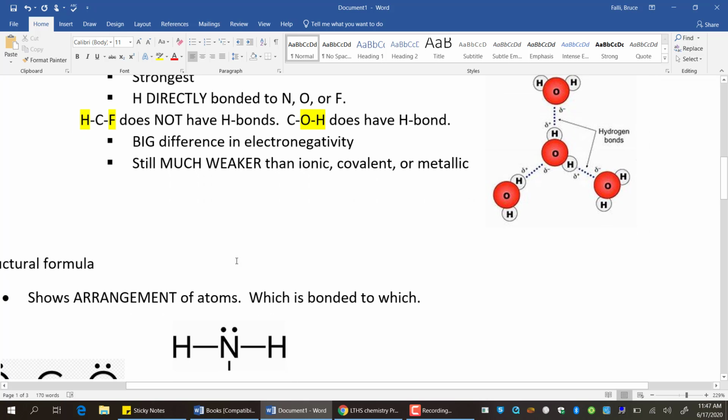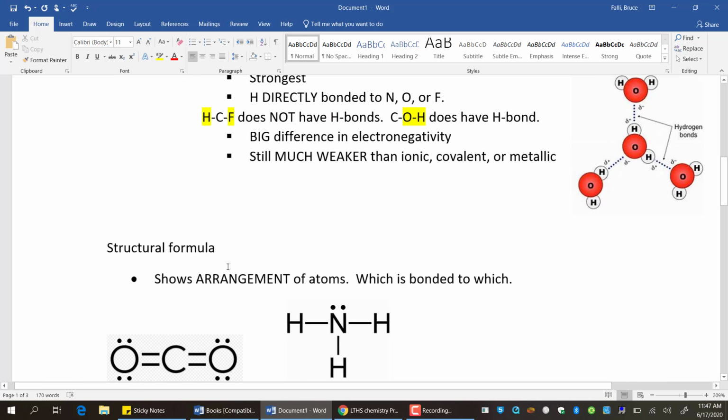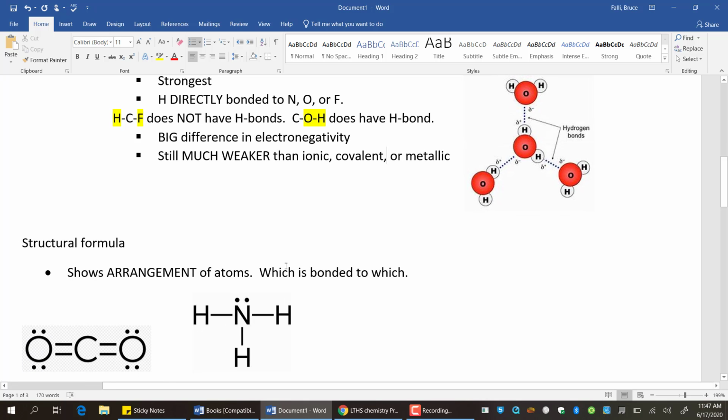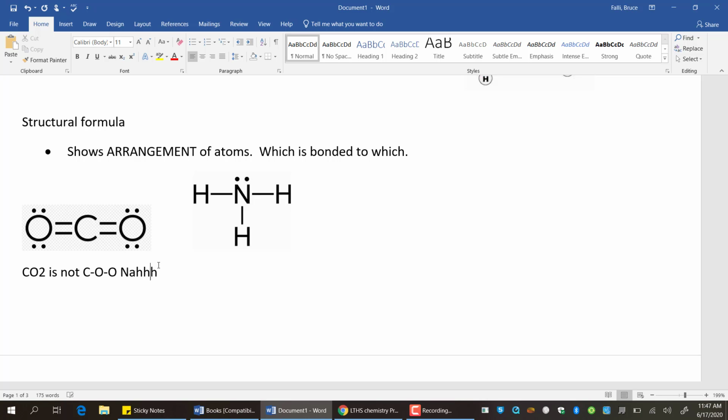Okay. Then we had a question on structural formula versus Lewis dot. Structural formula shows the arrangement of atoms. So if I tell you that something is CO2, you might foolishly think it is C to O to O. Okay?